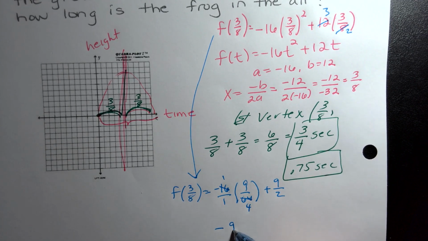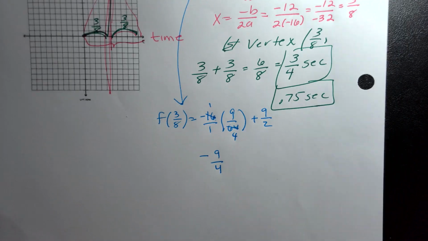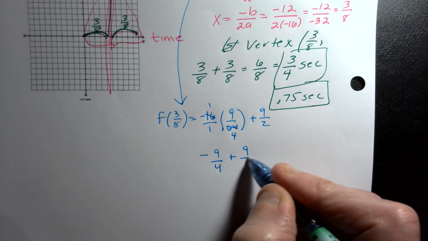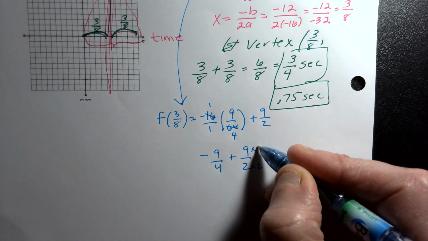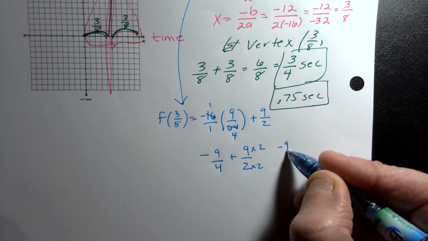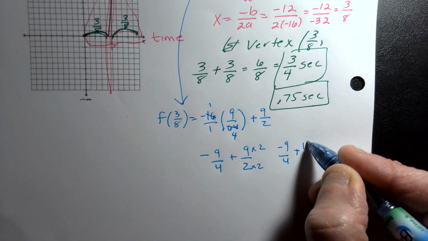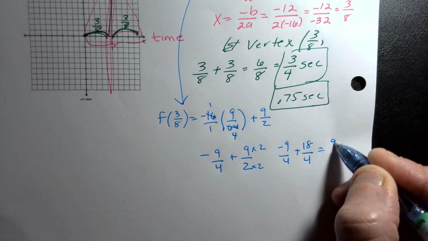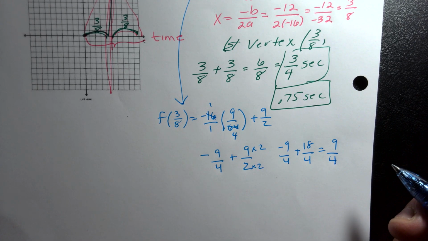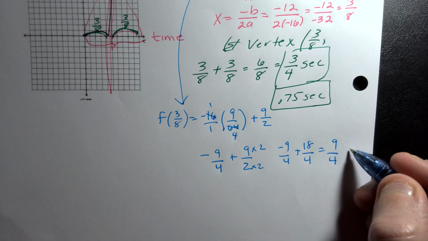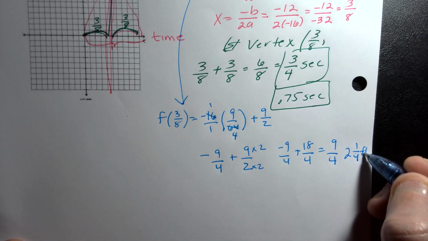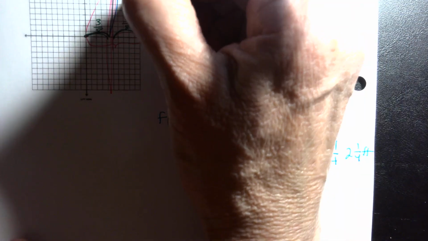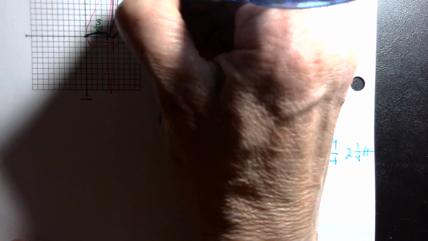So I get negative 9 over 4 plus 9 over 2. Times by 2, get a common denominator. And I get 9/4. So 2 1/4 what? Feet. Wow. Jump 2 1/4 feet.